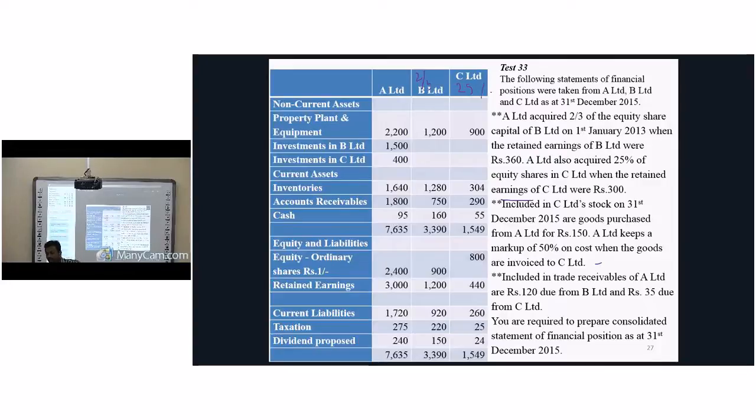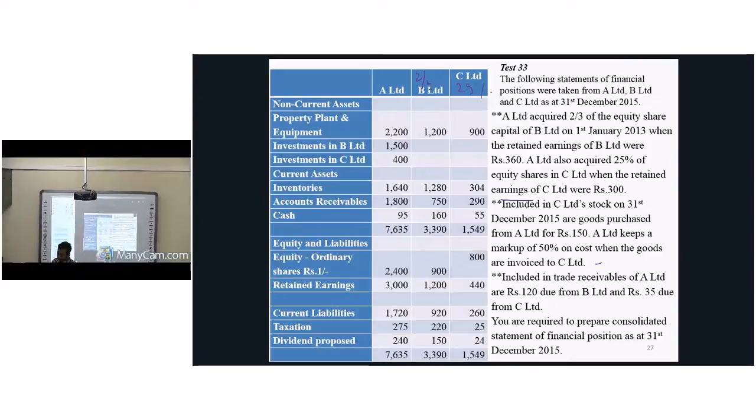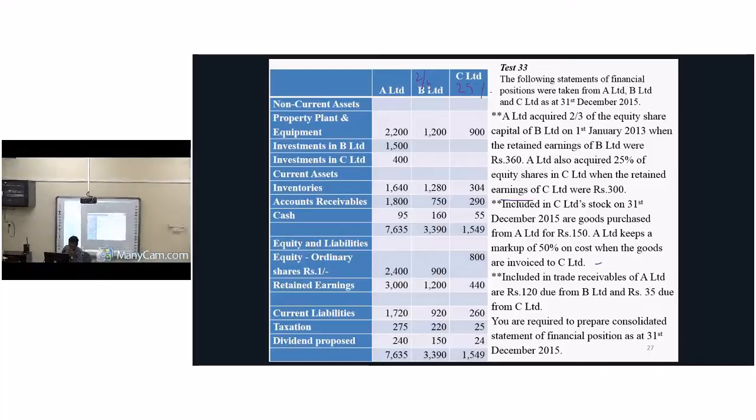C Limited is an associate. In the previous case, if C Limited were a subsidiary, 50 we could take as the adjusting figure for the unrealized profit. But here C Limited is an associate. Understood? Therefore, we have to consider only the associate percentage of the unrealized profit.